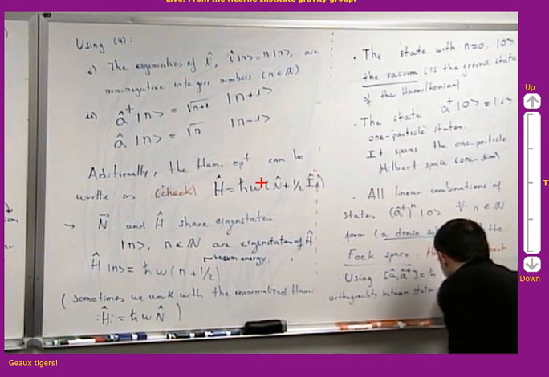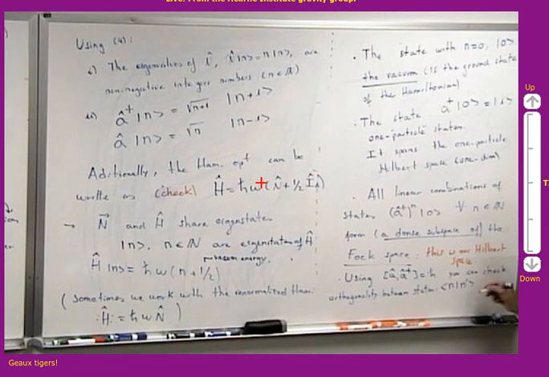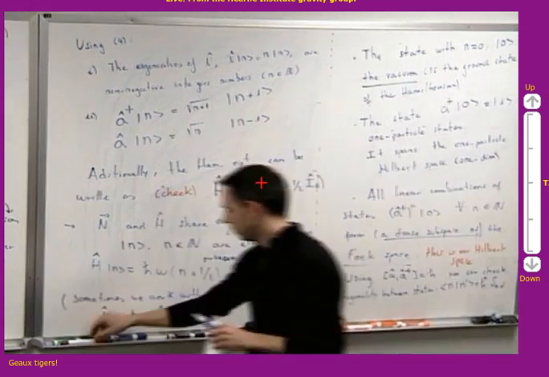So you can check that if you take the inner product of one state with n quanta with one state with n prime quanta, only using the commutation relations, you have to obtain h bar to the power n delta Kronecker n n prime. And this is also an exercise for you.